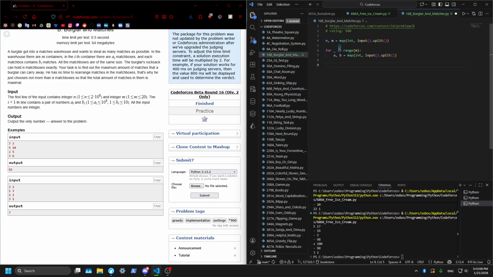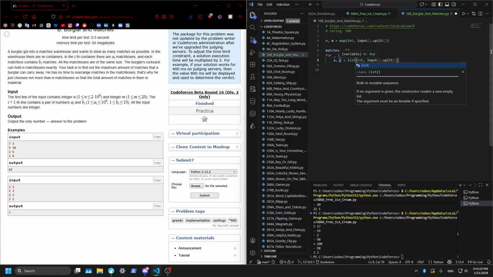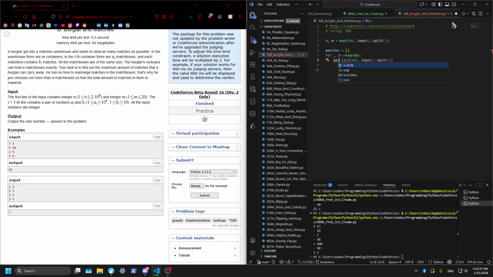So what we can do is have an array of matches. List matches dot append this.